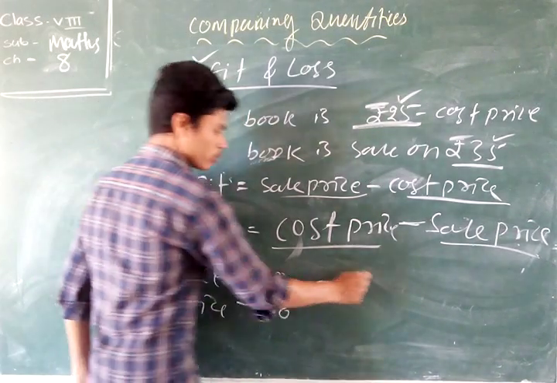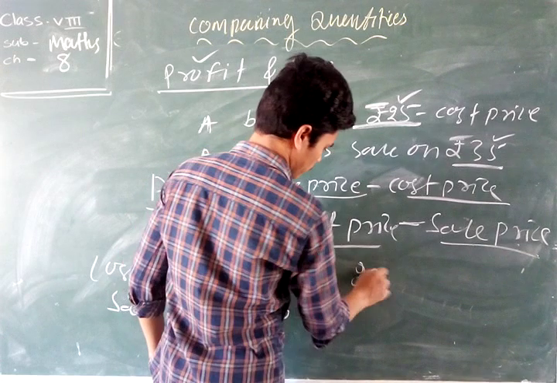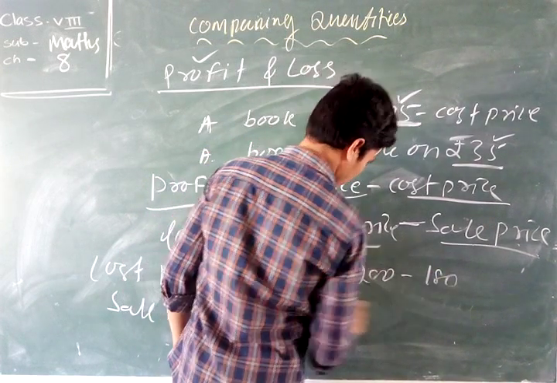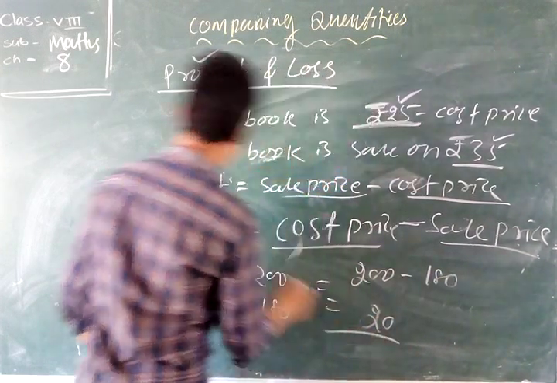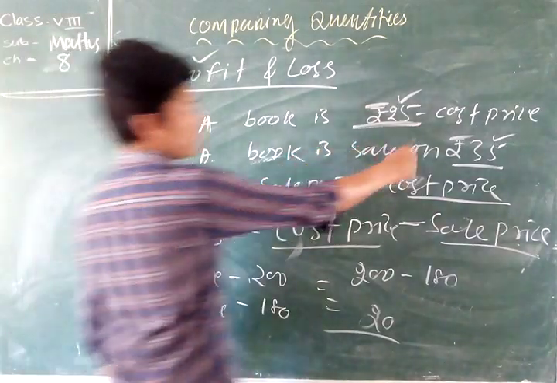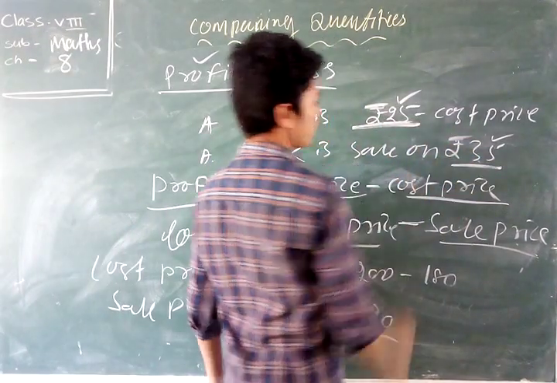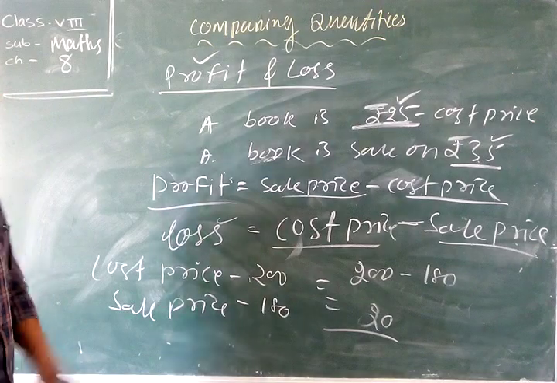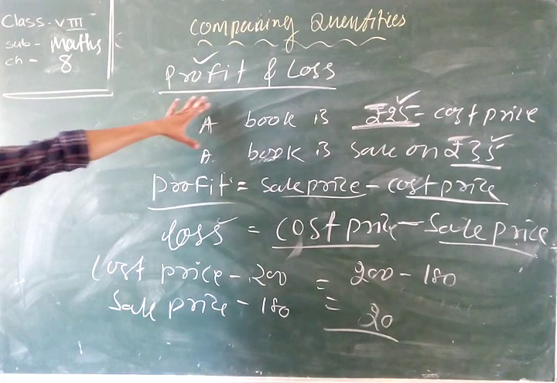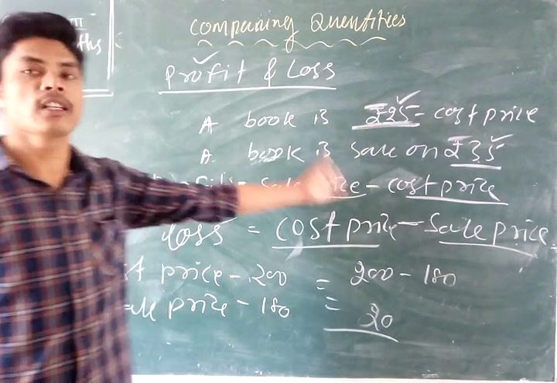Then 200 minus 180 equal to 20. Then how much loss here? 20 rupees loss. And in the book example, 35 minus 25 equal to 10 rupees profit. Okay, learn properly how you get the loss and how you get the profit.